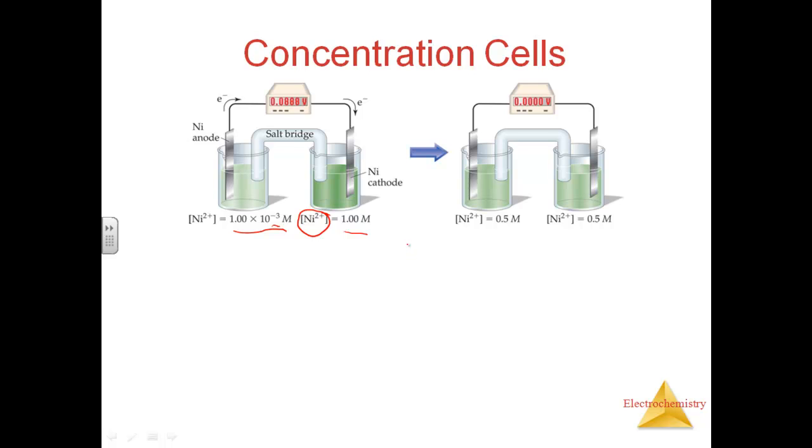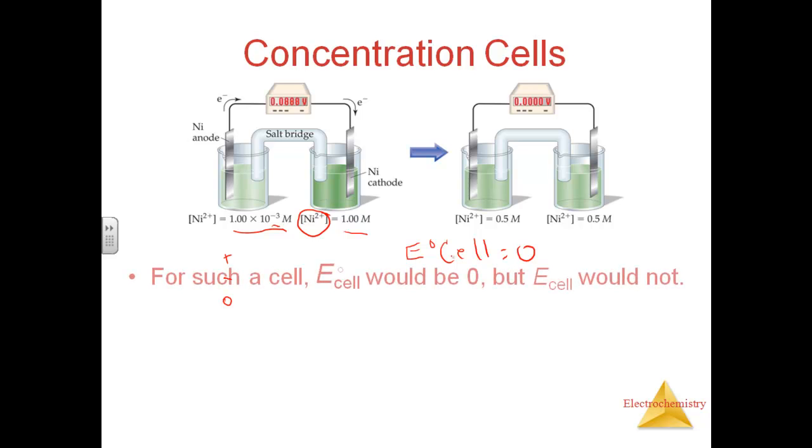So if we were to do the half cell reactions, we would end up with an E° cell of 0, right? Because this would be some positive number. This would be equal in magnitude but opposite in sign, and so this would equal 0. So E° cell will be 0, but E cell will not.